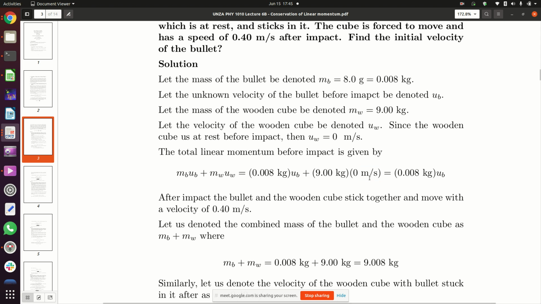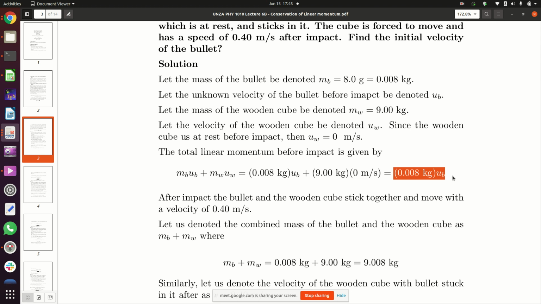So 9 kgs multiplied by 0 gives you 0, and the only thing which is going to contribute to total linear momentum is this bit here, 0.008 kgs multiplied by ub.